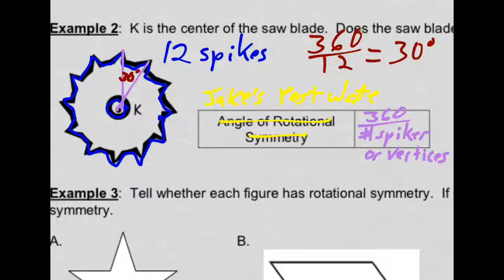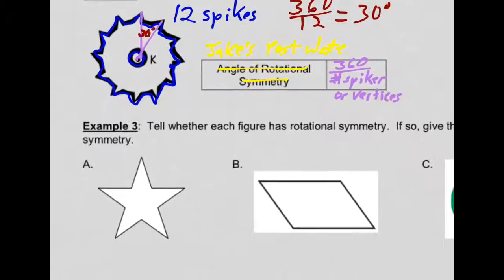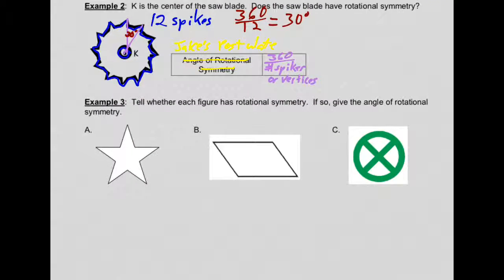Okay, and then finally, tell whether each figure has rotational symmetry, and if so, give the angle of rotational symmetry. So, for example number 3, we're going to use Jake's postulate, and I want you guys to put your patty paper on the star, and then trace out that star. And rotate it.